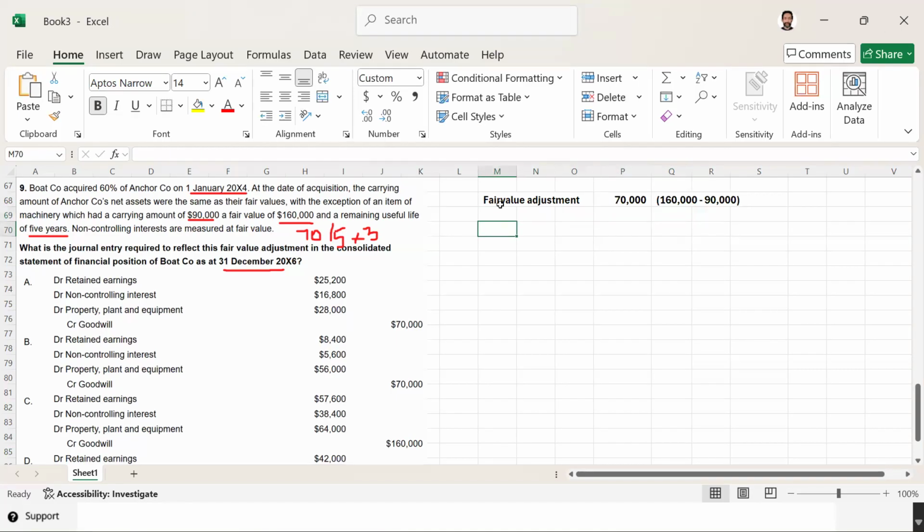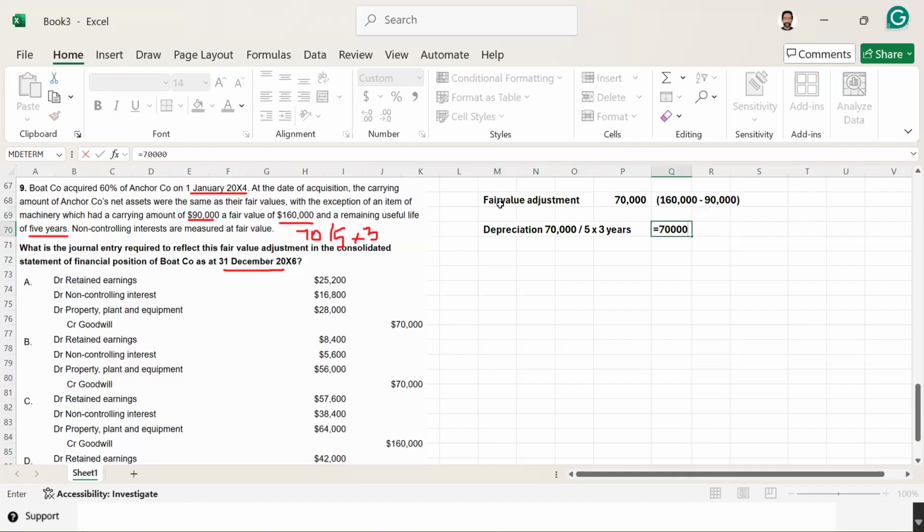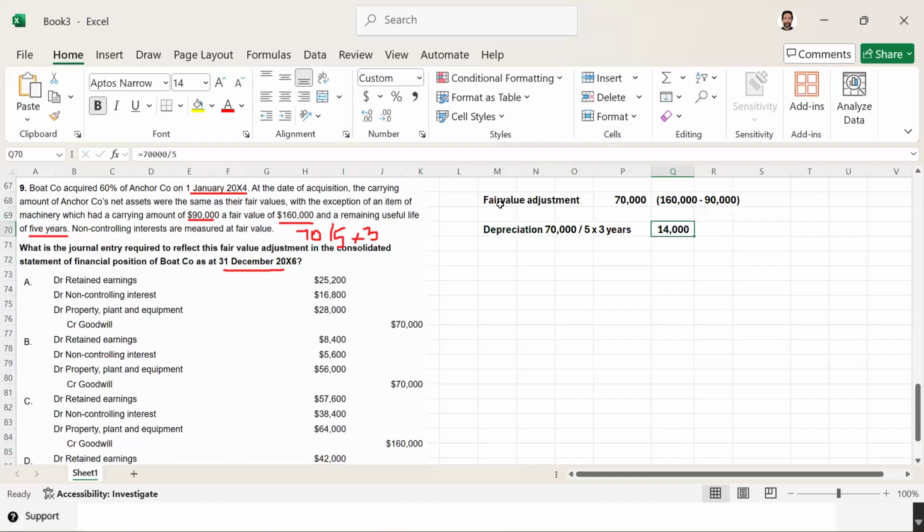And there has been depreciation. We have this asset for 5 years, and we need depreciation for 3 years. So 70,000 divided by 5 is 14,000, and we take 14,000 times 3. This is the depreciation.